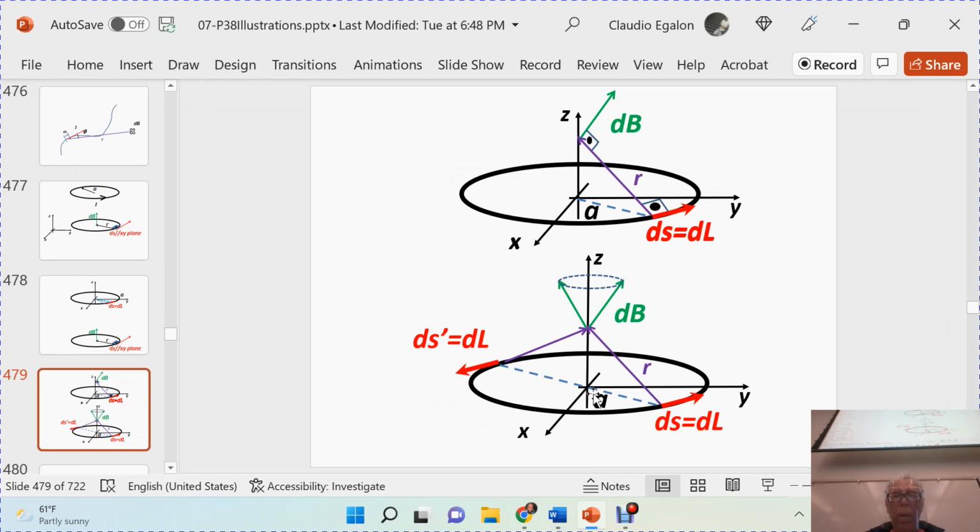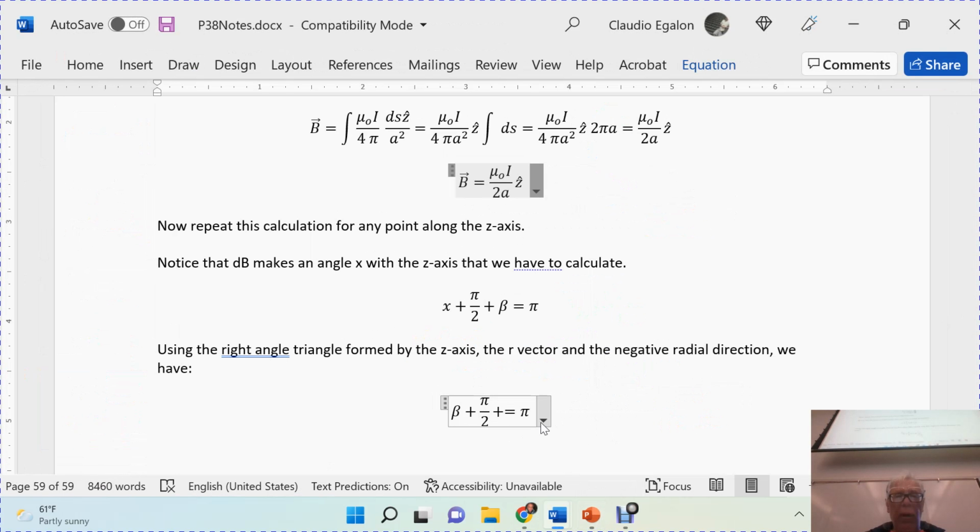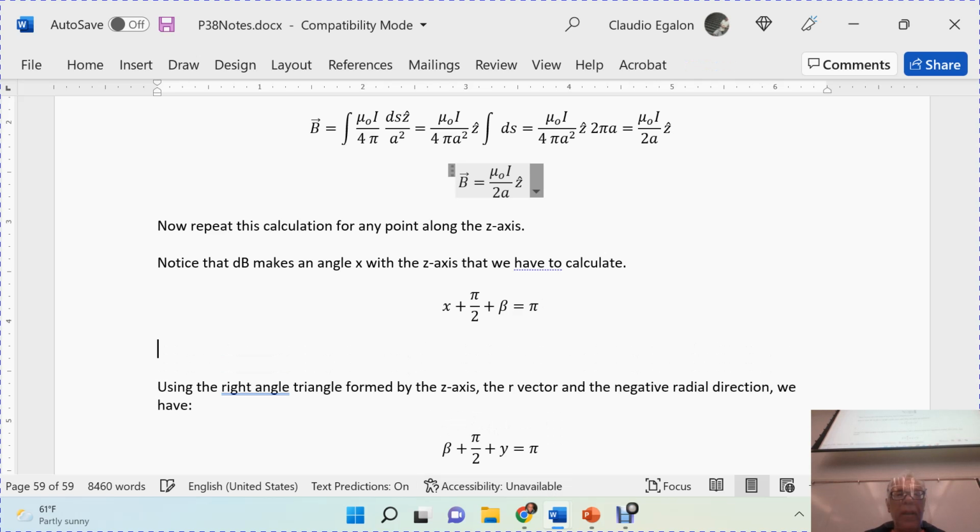Right? Beta plus pi over 2 plus whatever. I'm not gonna call that x. I'm gonna call that y. Okay? And that's gonna be equal to pi. I'm gonna solve for x and I'm gonna solve for y.